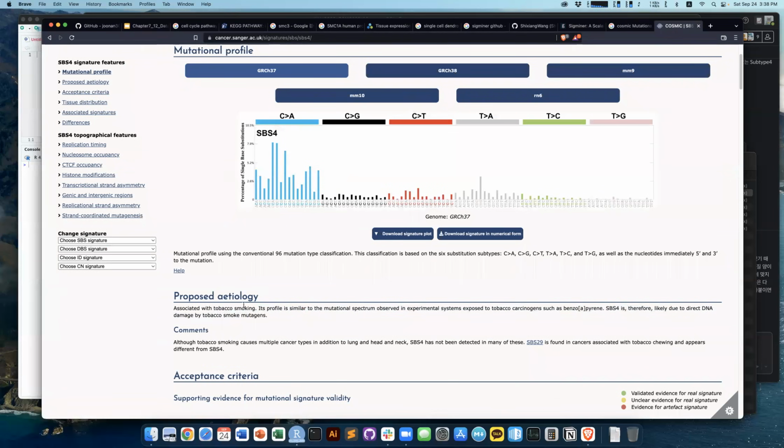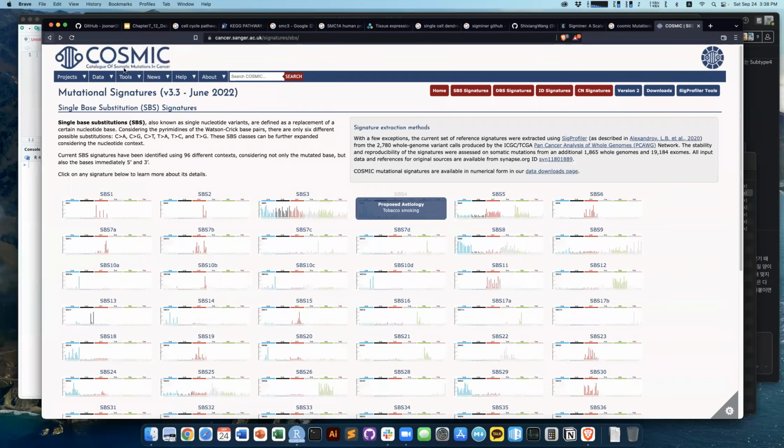So if you see the cancer patients who have severe smoking history, those patients have mutations like these patterns, right? Or there are some other issues like a recombination repair failure, or APOBEC family deamination, or sometimes DNA mismatch repair or UV exposure or something.